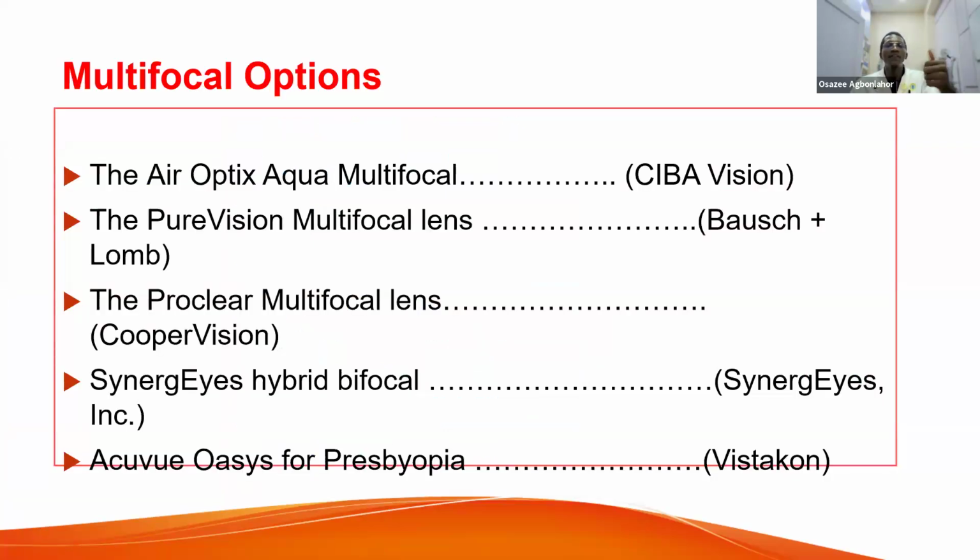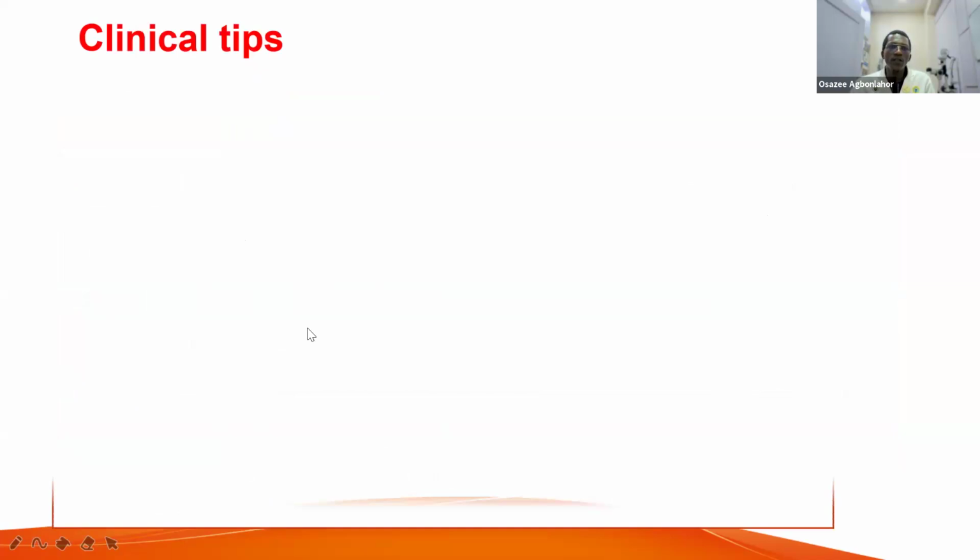Okay, so these are all other forms of multifocal options. I just mentioned that of Cooper Vision, which is ProClear. If you're familiar with all of these, they have similar fitting guidelines. However, something unique, just add 1 or 2 uniqueness just to be different from others.